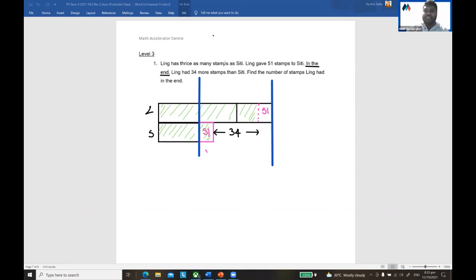I'll give you another hint: from here till here. What is the value over here? Can you all type in the chat?